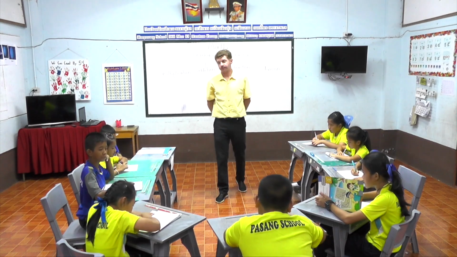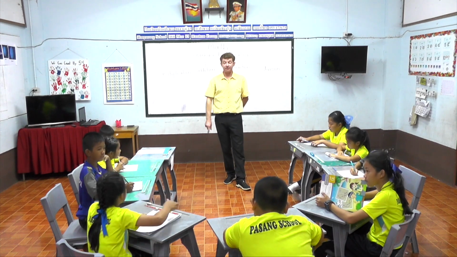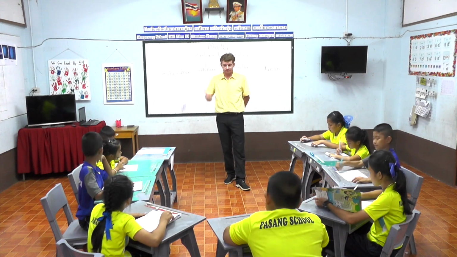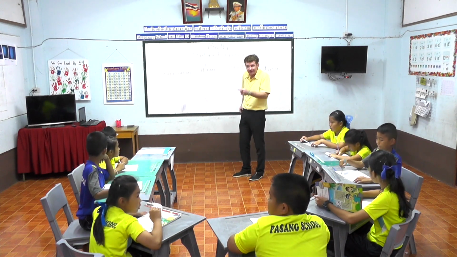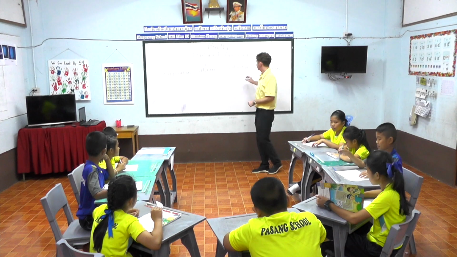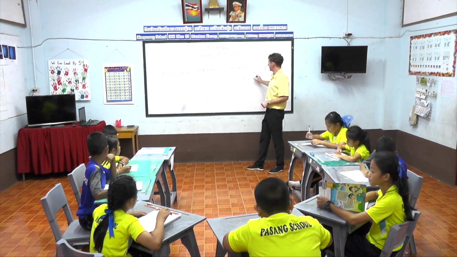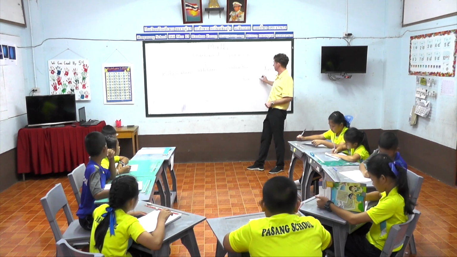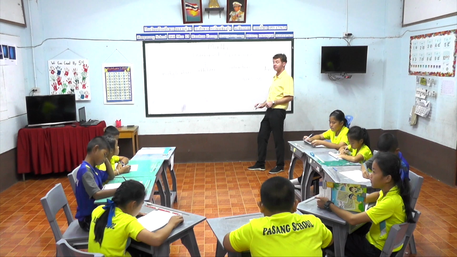Not quite. 10 times 5 is 50. One more higher. 10 times 5 equals 50. But how many are we doing? 15 times 5?